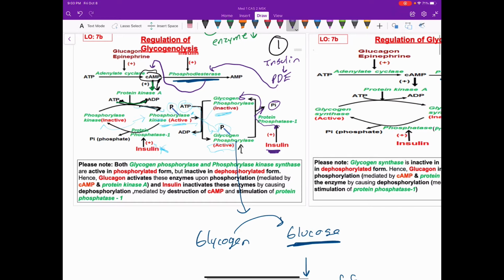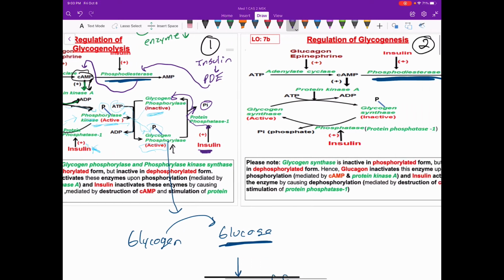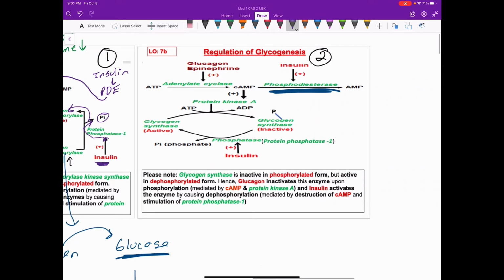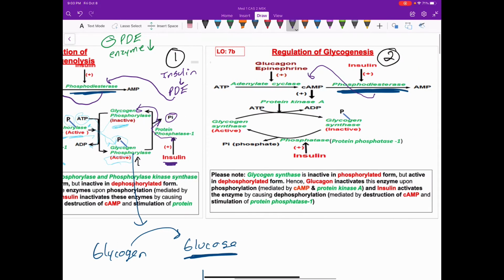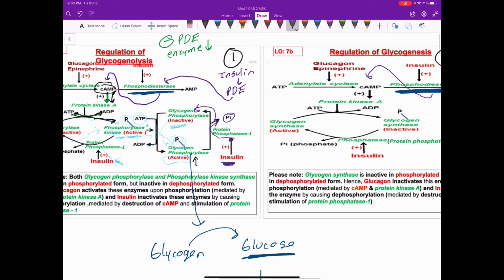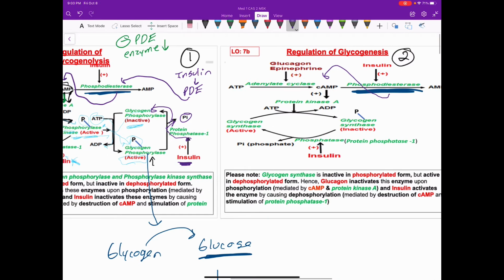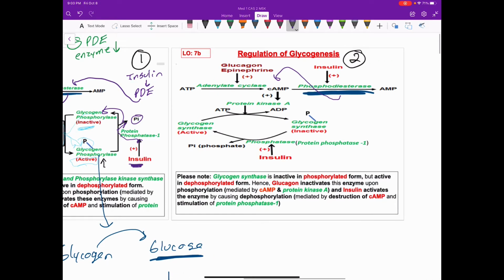What's going to happen when he's turned off? Come back to glycogenesis, because we're going to build glycogen. So phosphodiesterase turned off cAMP. We're not building glycogen anymore. We're not building it, we're not breaking it down. Insulin stopped this whole entire process. So if we're not breaking it down, we're going to start to build it.